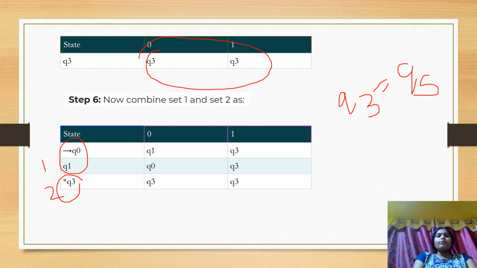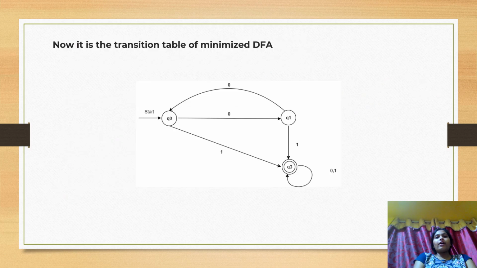So Q0 on 0 goes to Q1, Q0 on 1 goes to Q3. Q1 on 0 goes to Q0, Q1 on 1 goes to Q3. Q3 on 0 goes to Q3, and Q3 on 1 goes to Q3. So now we have obtained the final table for our transition diagram.